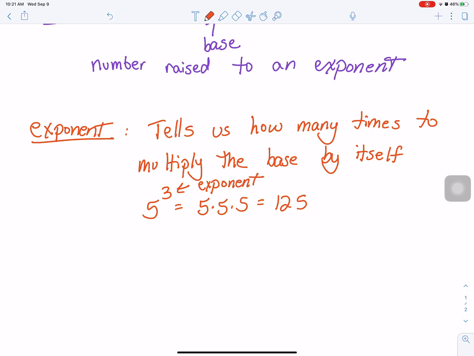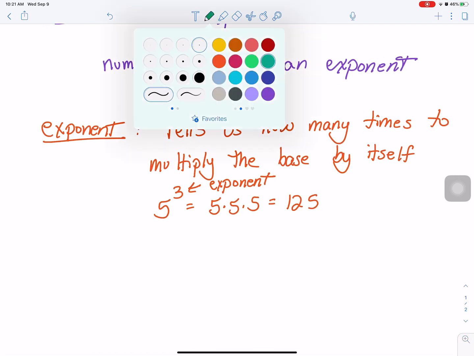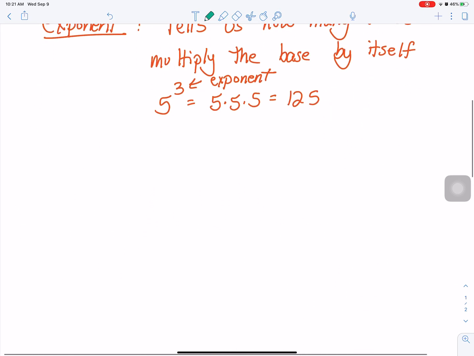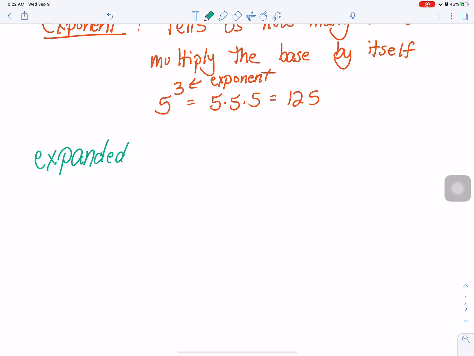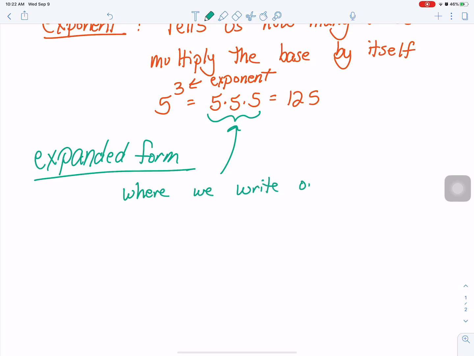We're going to stay on the letter E for two more words. One is expanded form. Expanded form is where we write out the exponent in detail.